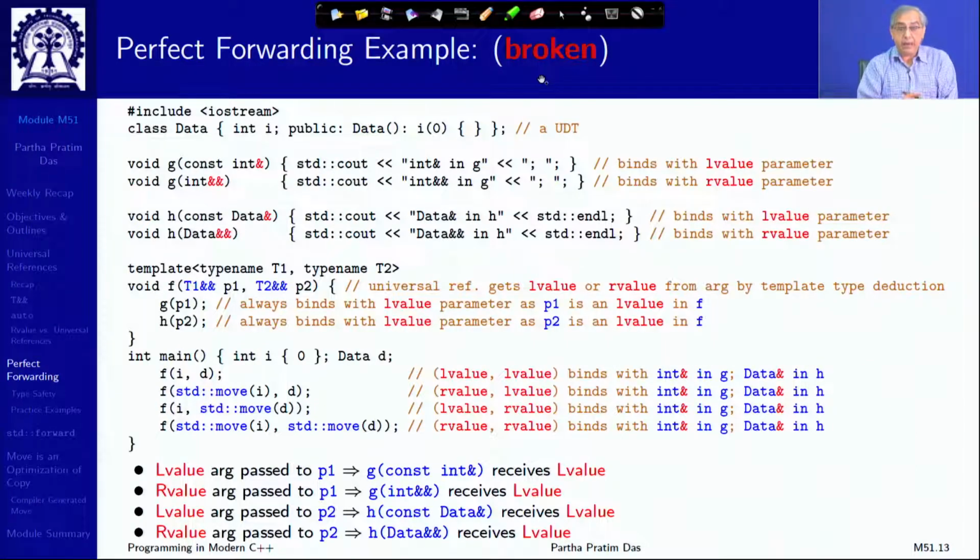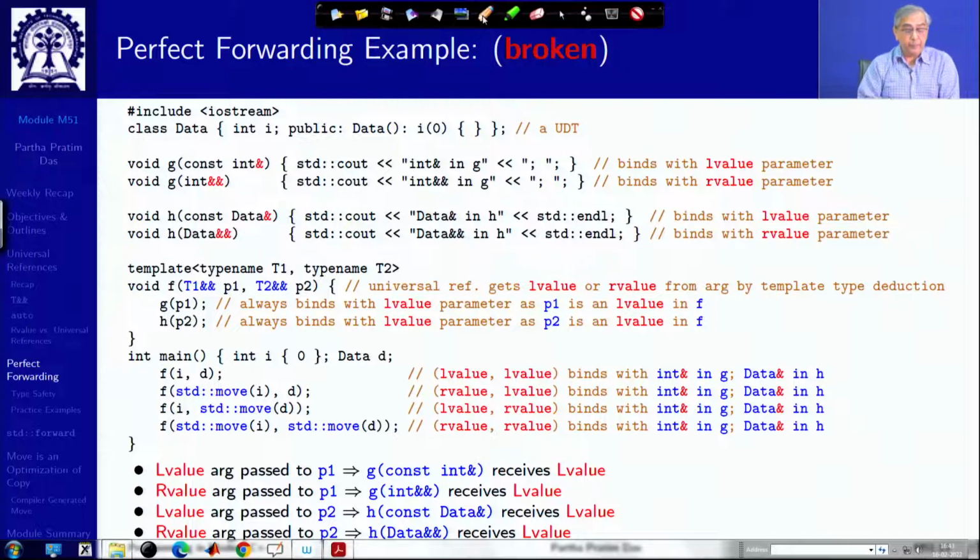So, let us see what that means. To illustrate that, we have one template function right here, which has two type parameters T1, T2, both of them given as universal references. That is, this is written as an R value reference, so in the template type deduction context, this will become a universal reference.